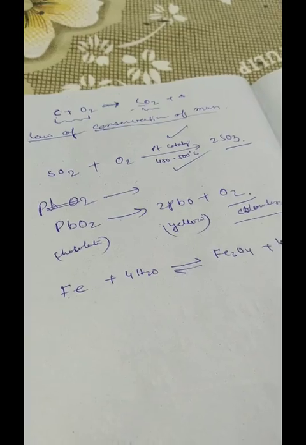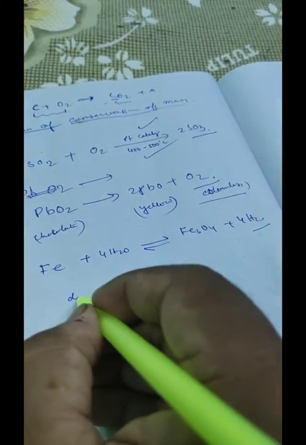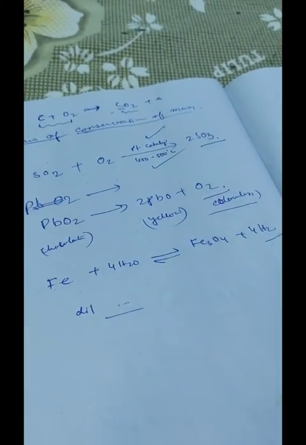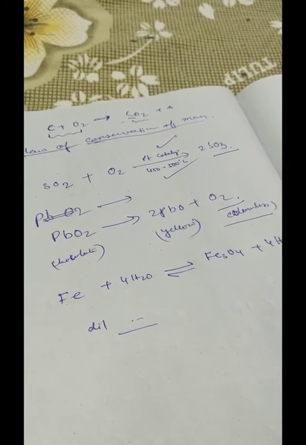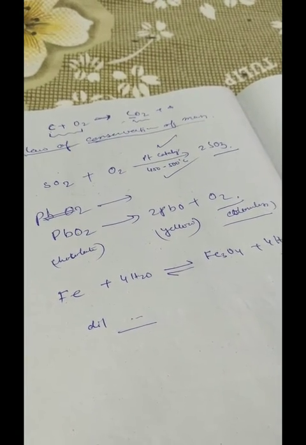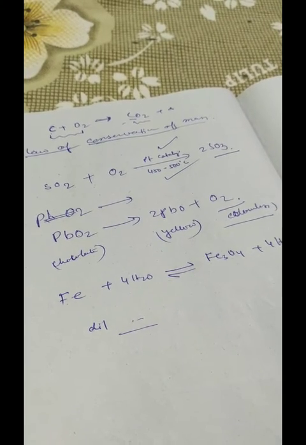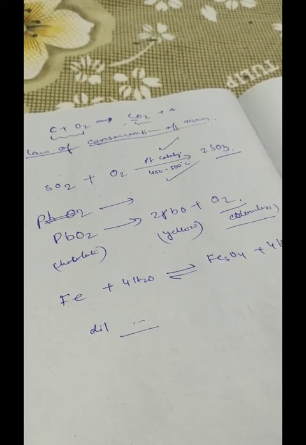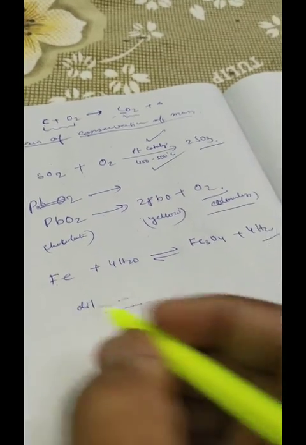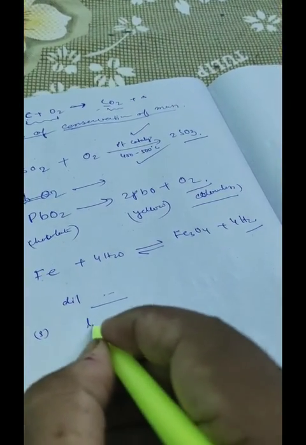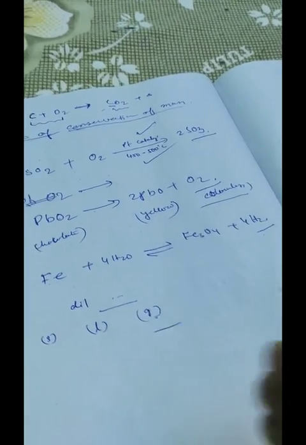In some equations, we write dilute or concentrated. An equation does not give any information regarding the speed of the reaction. The reaction may not be complete; an equation does not say anything about this. An equation does not tell us about the physical state of the substance. So we write S for solid, L for liquid, and G for gas.